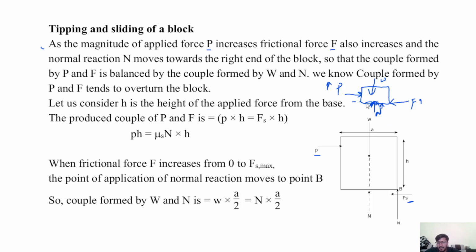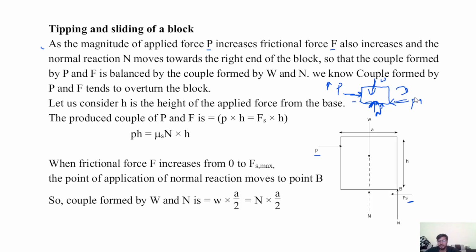So P and F is one couple, and W and N is another couple, and these couples are balanced. We know the couple formed by P and F tends to overturn the block.